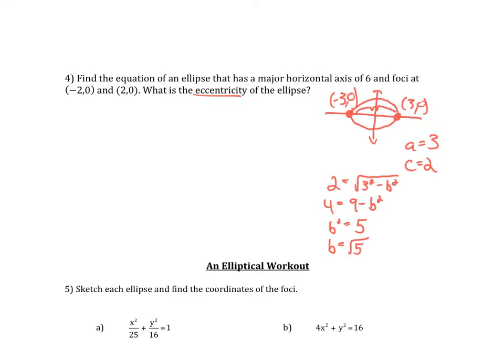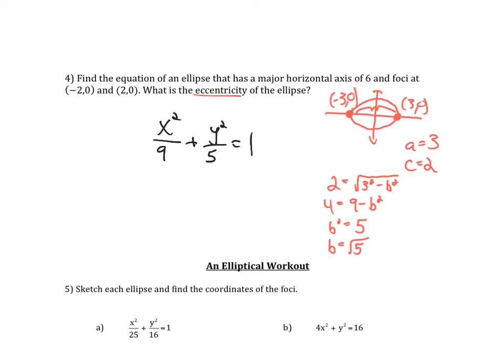So I know this is a horizontal ellipse. I know my A value is 3, and my B value is root 5. Since it's horizontal, the larger of the two values, A squared, is going to go underneath the x. It's going to be x squared over 9 plus y squared over B squared, which is 5, equals 1. So there's my equation of my ellipse.